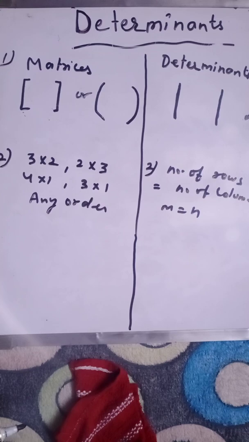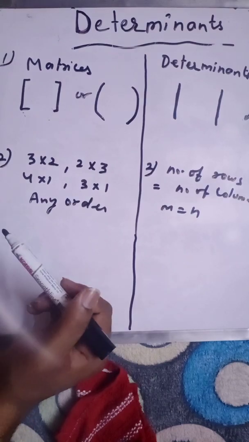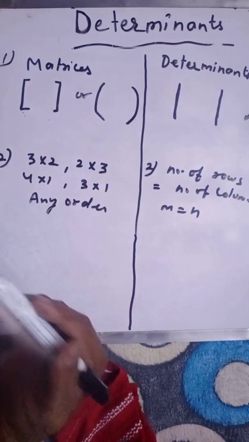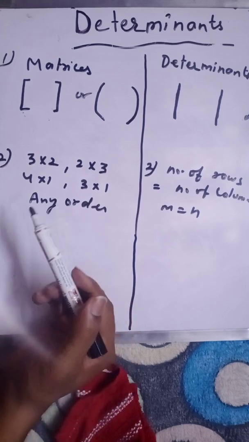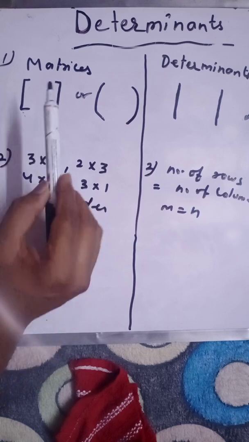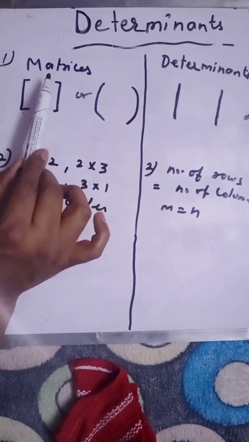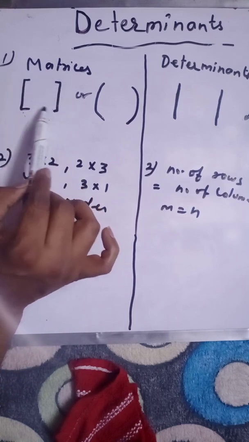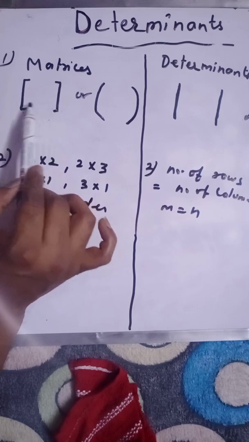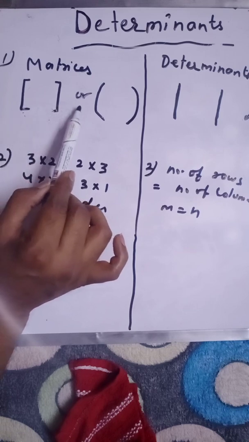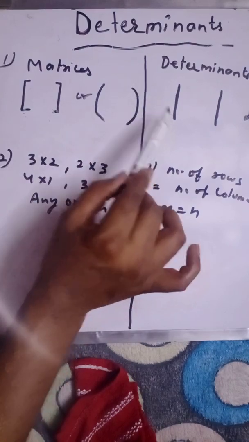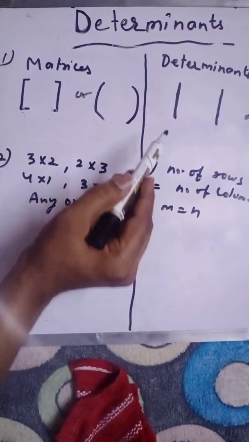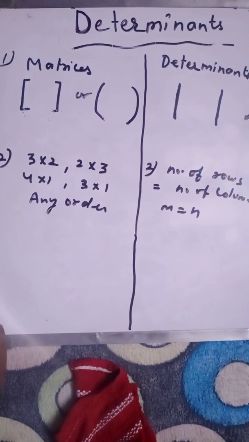First of all, we should know what is the difference between matrices and determinants. Okay. So as we know that in matrices we were using this kind of brackets to represent the data, but here we will use straight bars. This is the symbol of determinants.